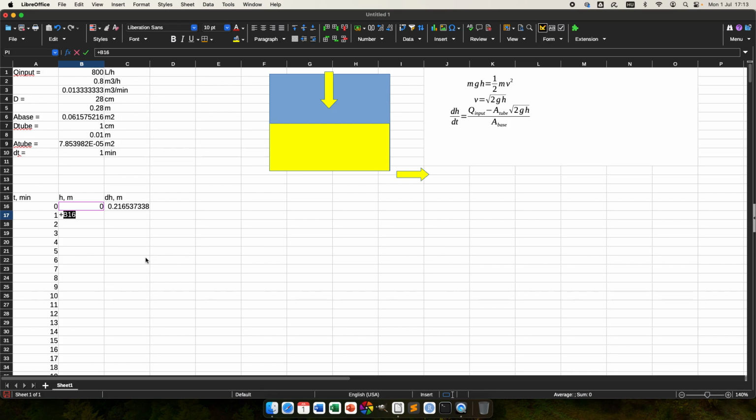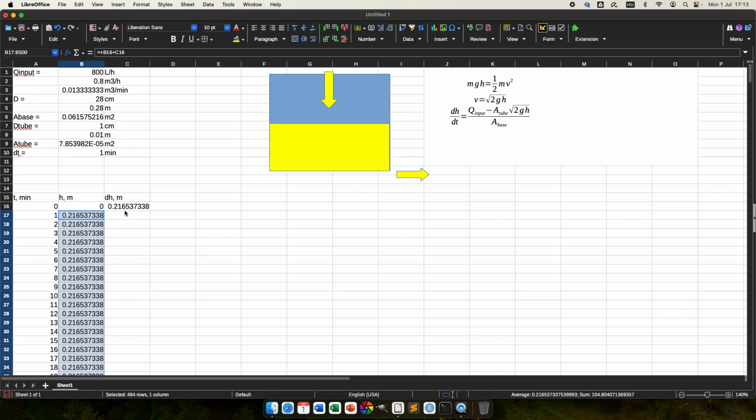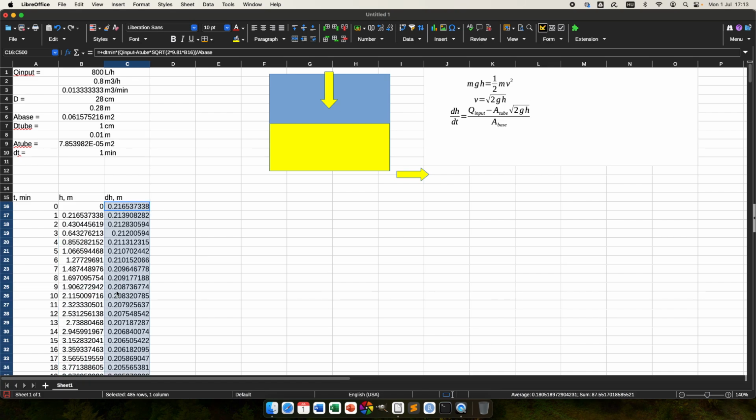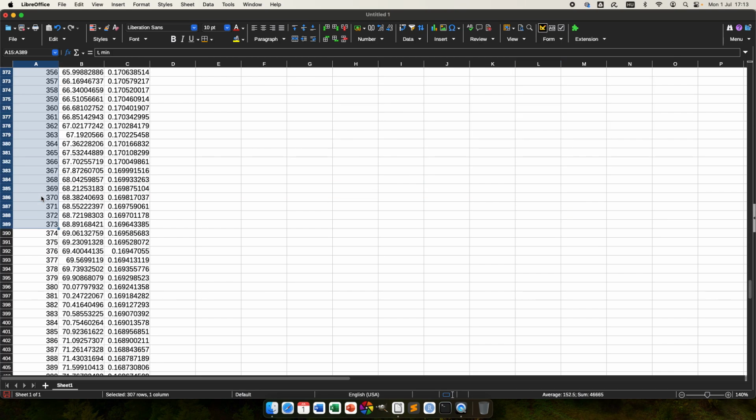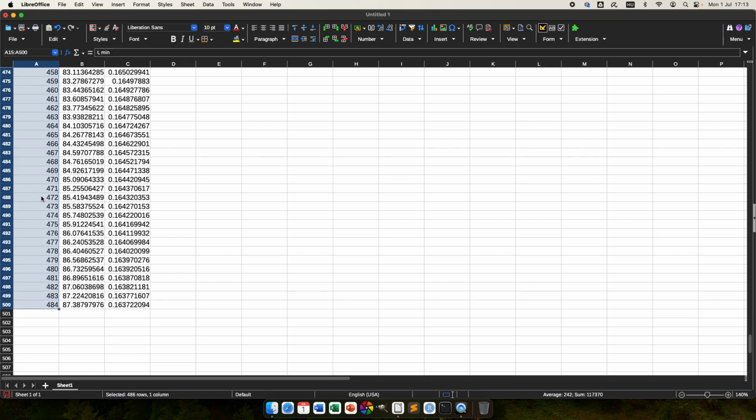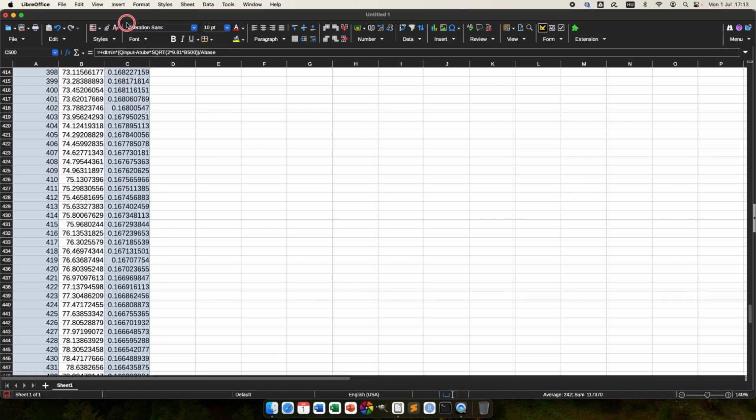The next row will be the previous level plus the previous change. I copy down. This also I copy down. And now you can see, we can check from the water level we calculate, and it is easy to read the equation, exactly the same. So now if I choose this column first and then the next one together, I can make a plot and see how is the water level.